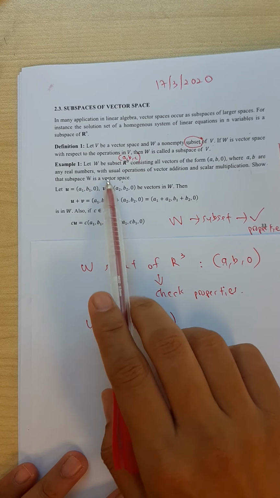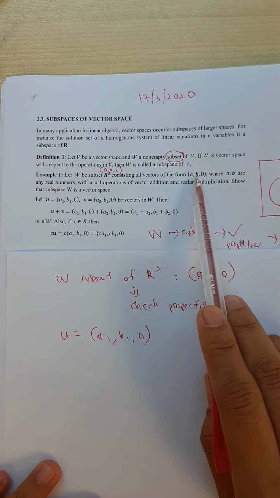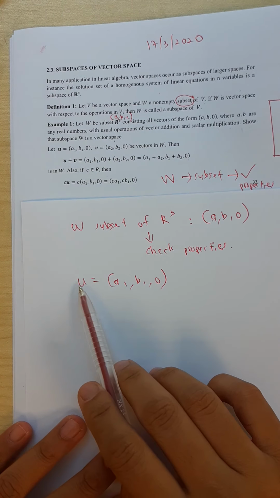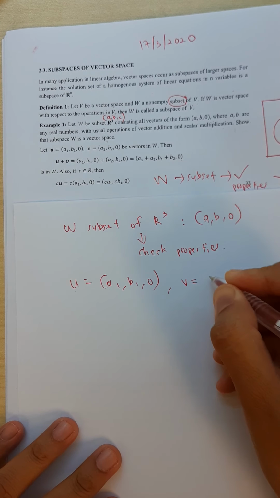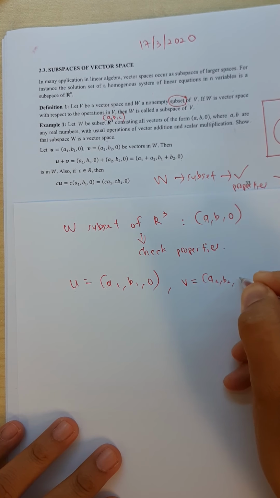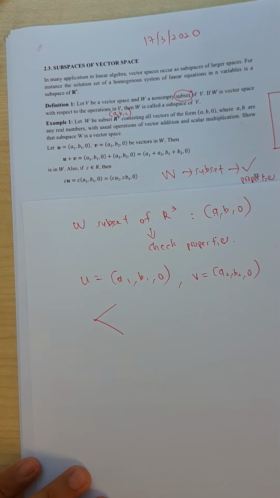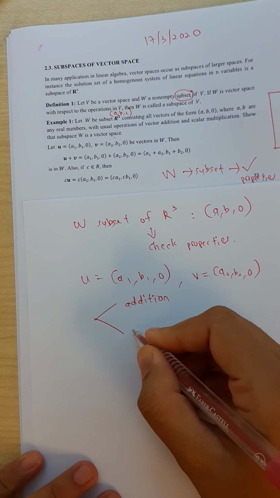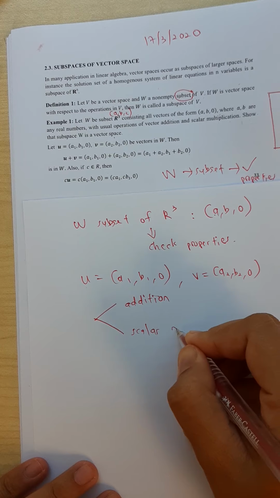In this question, W is given in this form, A, B, and the third coordinate is equal to 0. So let's say you have U equals A1, B1, 0, and V equals A2, B2, 0. There are two main properties that you need to check: the first one is the addition, and the second one is the scalar multiplication.